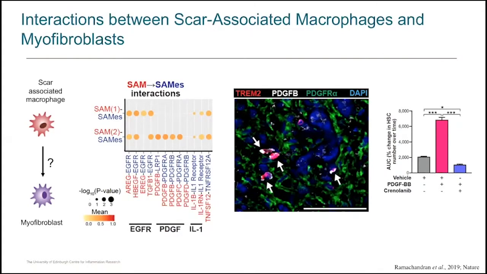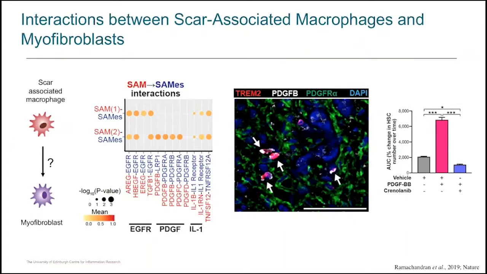PDGFB was found on TREM2 positive macrophages within the fibrotic niche, as indicated by the white arrows in the immunofluorescent image. To assess the functional role of this interaction, we turned to cell culture studies. PDGFB induced proliferation of primary human hepatic stellate cells, which was inhibited by blockade of PDGFR-alpha, the receptor.